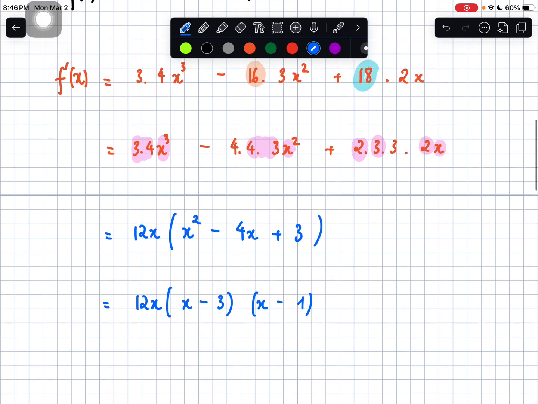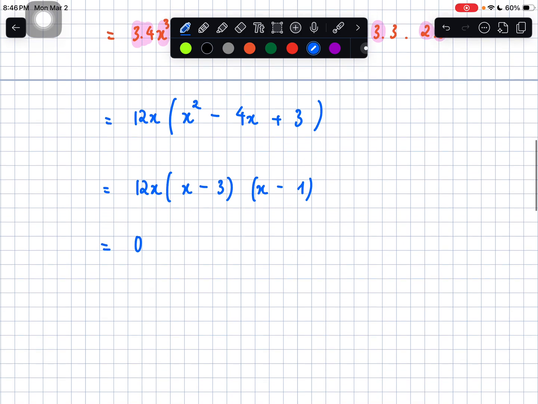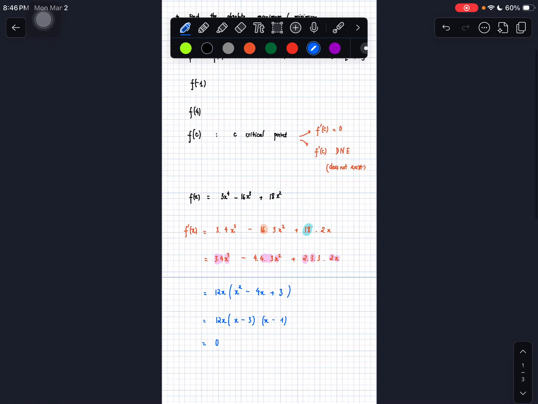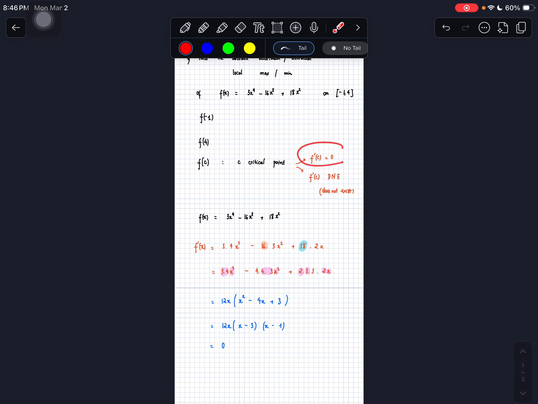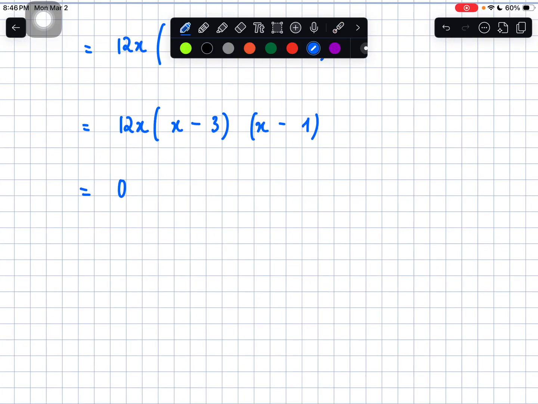F prime of x is equal to this, and we want it equal to 0. So f prime always exists. In this case, we look at the points c where f prime of c equals 0. So this equals 0 gives us x equals 0; x minus 3 equals 0, so x equals 3; x minus 1 equals 0, so x equals 1.